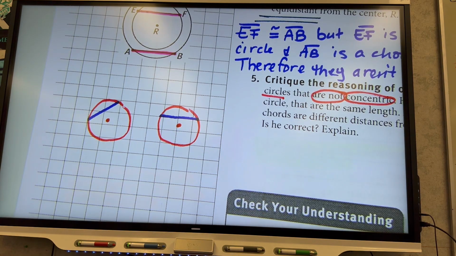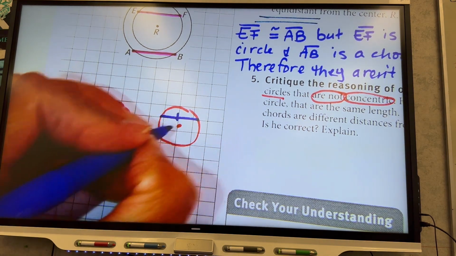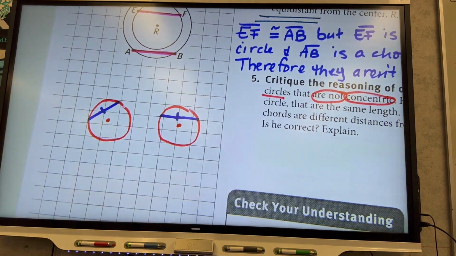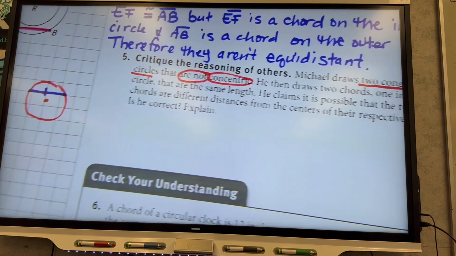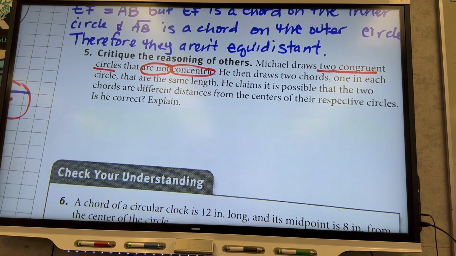But they're the same size. It almost looks like an eyelid now. And because these are the same size, we need to put the little tick mark that shows they are congruent. Now it looks like a Frankenstein eye. He claims it is possible that the two chords are different distances from the centers of their respective circles. Is he correct?